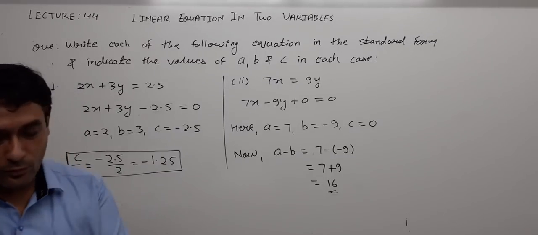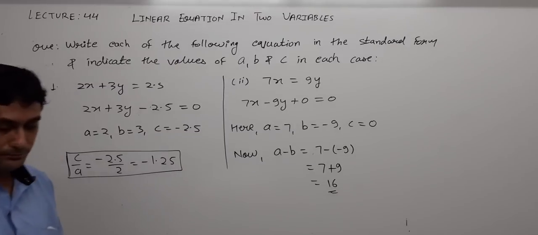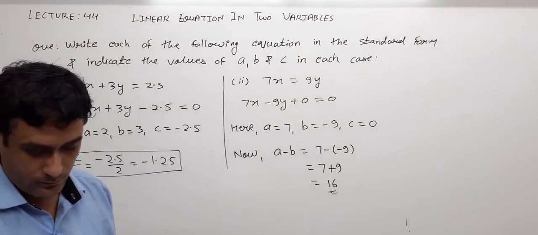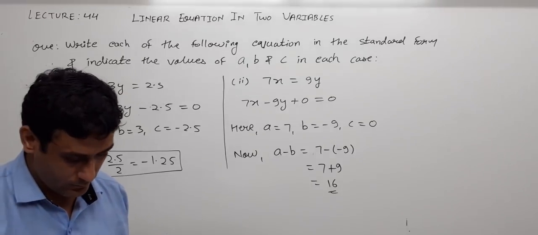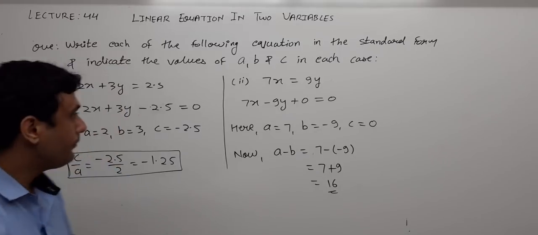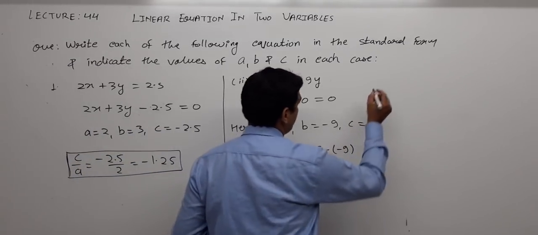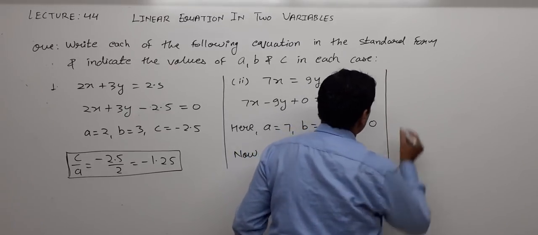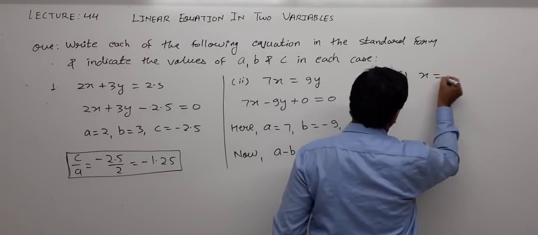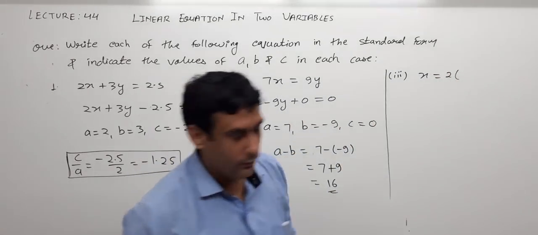Okay, we'll see one more question. Third, x is equal to 2 multiplied by 1 minus x.